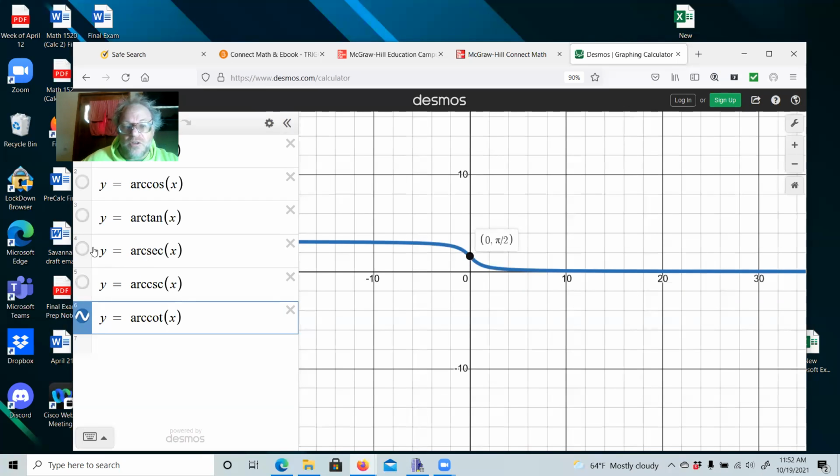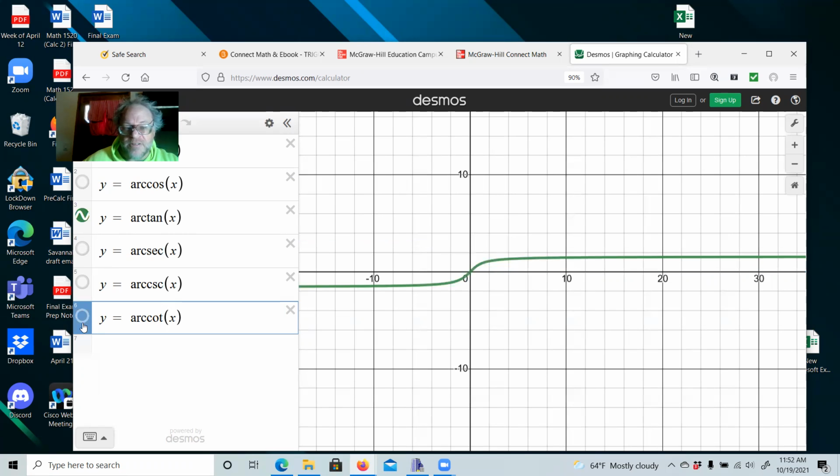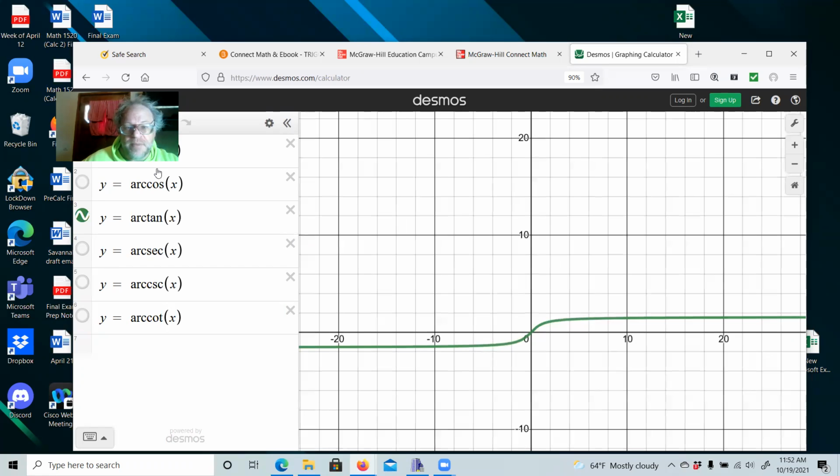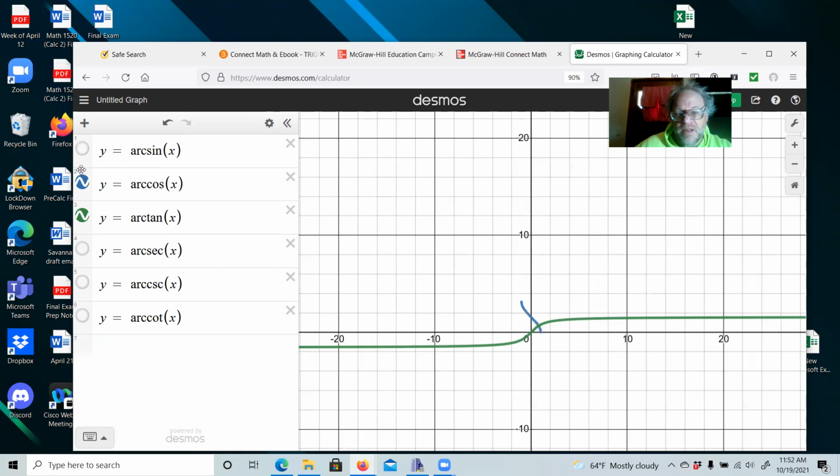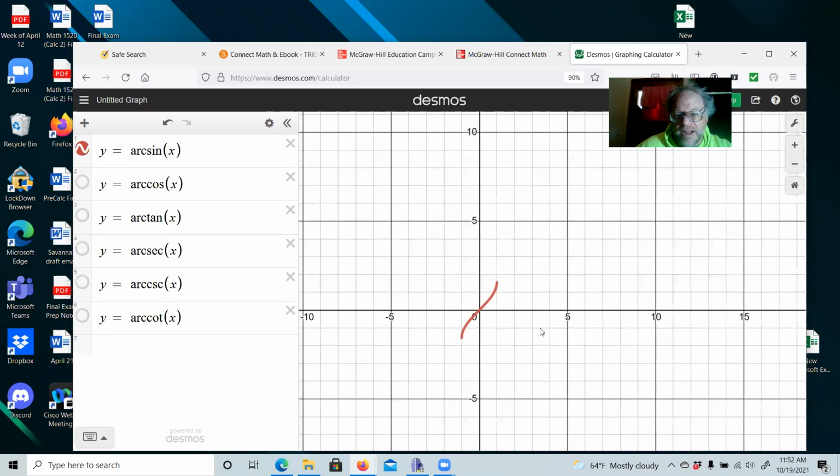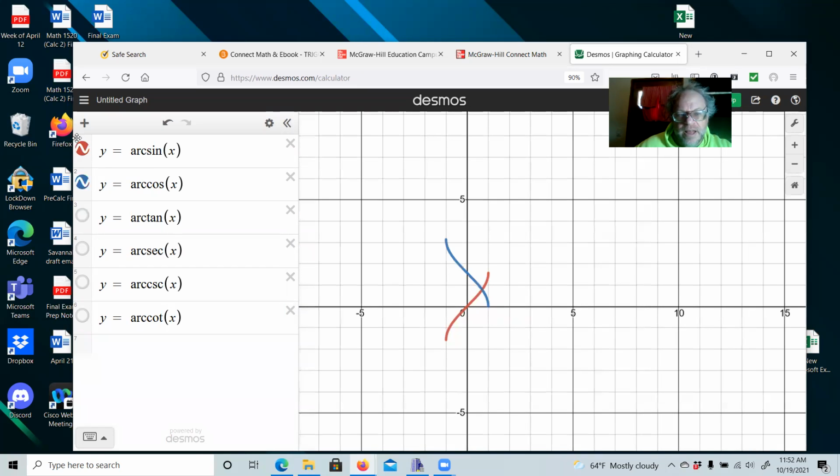You might want to memorize what arctangent looks like simply because it does come up. You may want to at least be mindful enough of arc sine and arc cosine so you could recognize them.